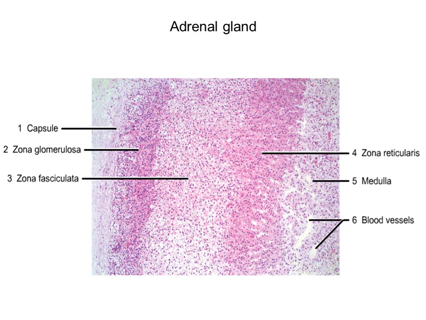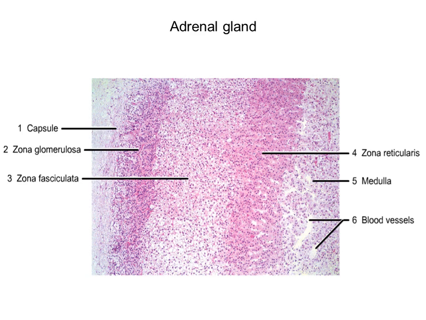So these cells form rounded clumps of cells which are polyhedral or ovoid in shape, and the nuclei are less darkly stained when compared to the nuclei of the zona reticularis. The cells have got lipid material, so the cytoplasm is lightly stained as compared to the reticularis.